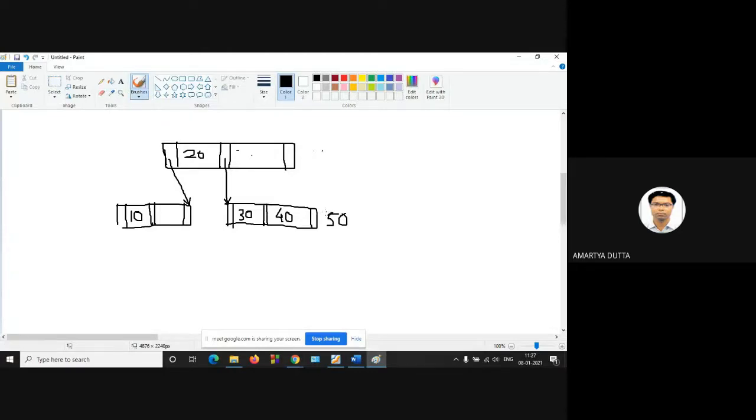So you have to split this node into two halves, this is your first child, this is second, third. So 40 is pushed up, and from 40 there is a connection. Is it clear up to this? Any confusion?